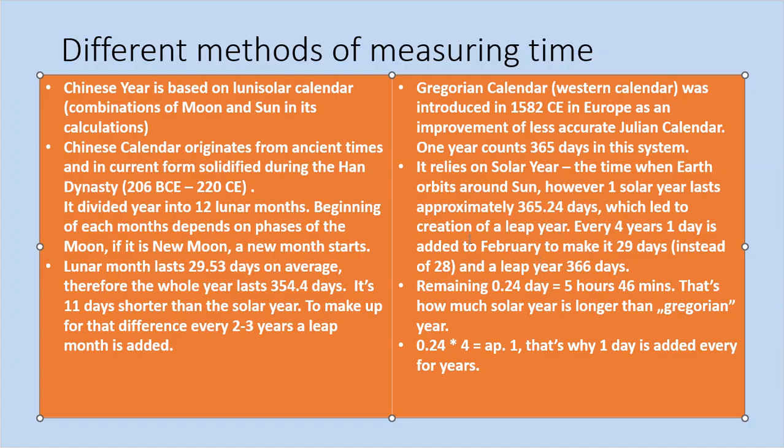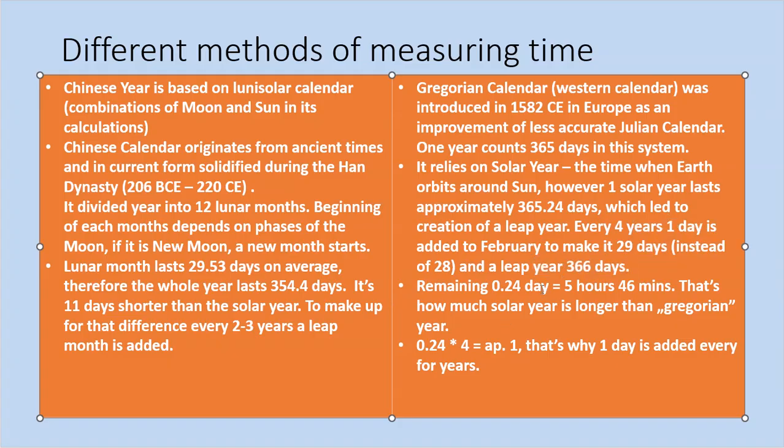Every 4 years, 1 day is added to February to make it 29 days instead of 28 days. So February is usually 28 days, but on a leap year it is 29 days long. And leap year lasts 366 days.